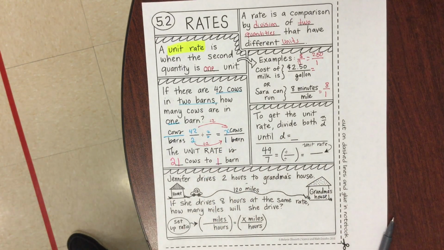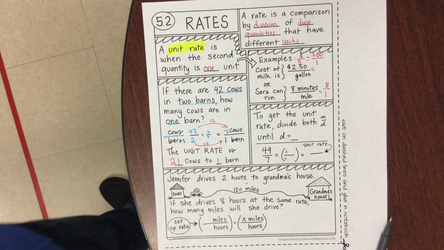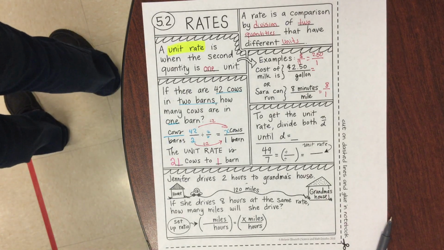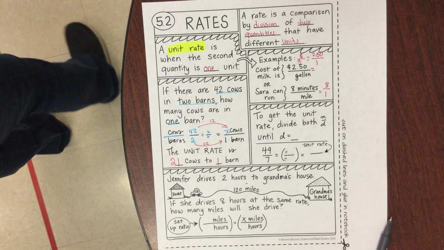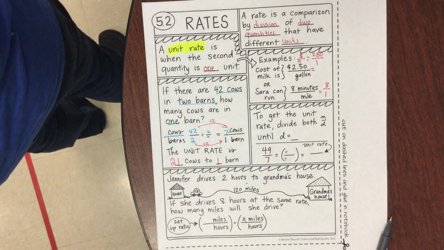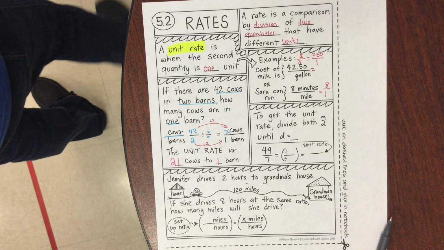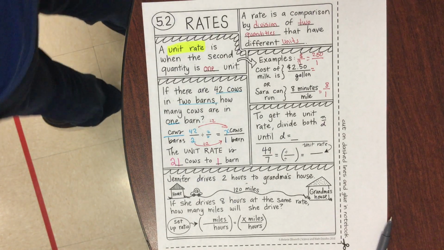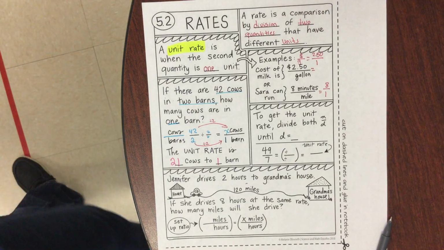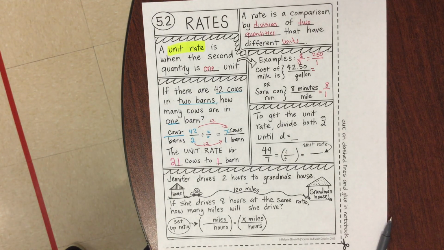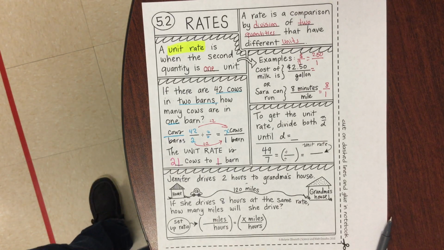I could have also used my cross products because sometimes they're not nice and pretty like that. And so that's where my cross products are going to come into play. If I'm finding a unit rate, one of my numbers has to be what? 1, right?